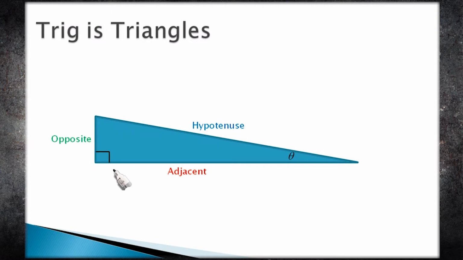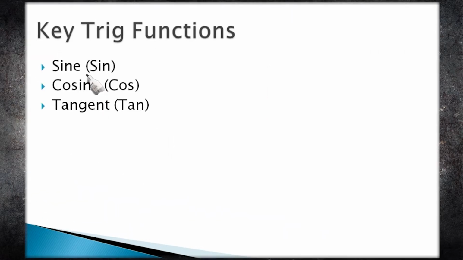Okay, welcome back. If you have memorized these, then you're now ready to learn about 3 incredible trig functions: sine, cosine, and tangent. Notice that each of these functions has an abbreviation. This is not pronounced sin, it's pronounced sine. Everybody giggles about that. It's not sin, it's sine. Cosine is COS, and tangent is just tan.